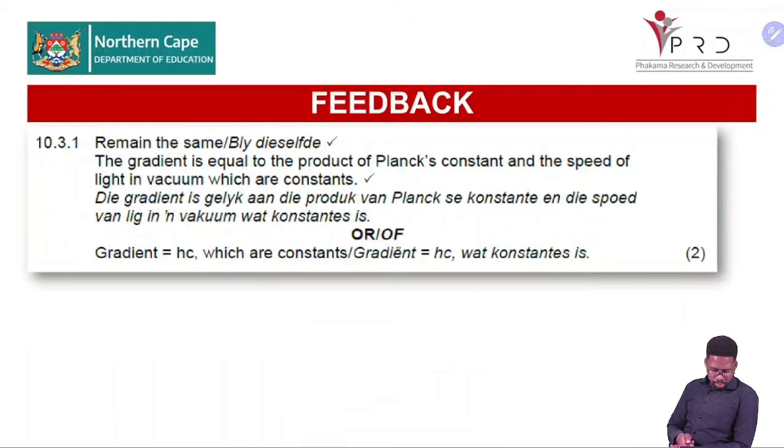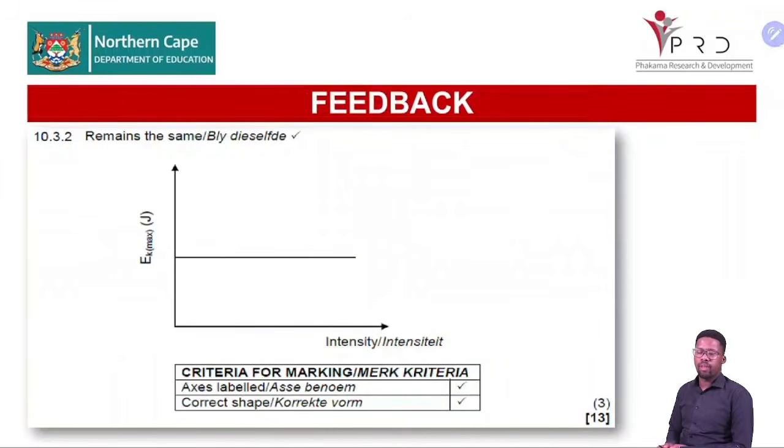And then 10.3.2, draw the graph. So this is what we're expecting you to show us, that EK max will be constant. Just to get 3 marks, it will remain the same.